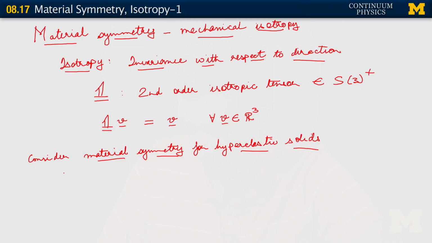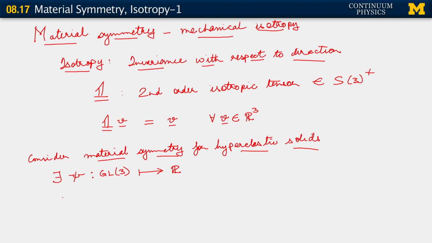So what we're saying is that there exists a function psi, which is a mapping in general from a space that takes tensors and returns to us a real number, which is the strain energy density function.